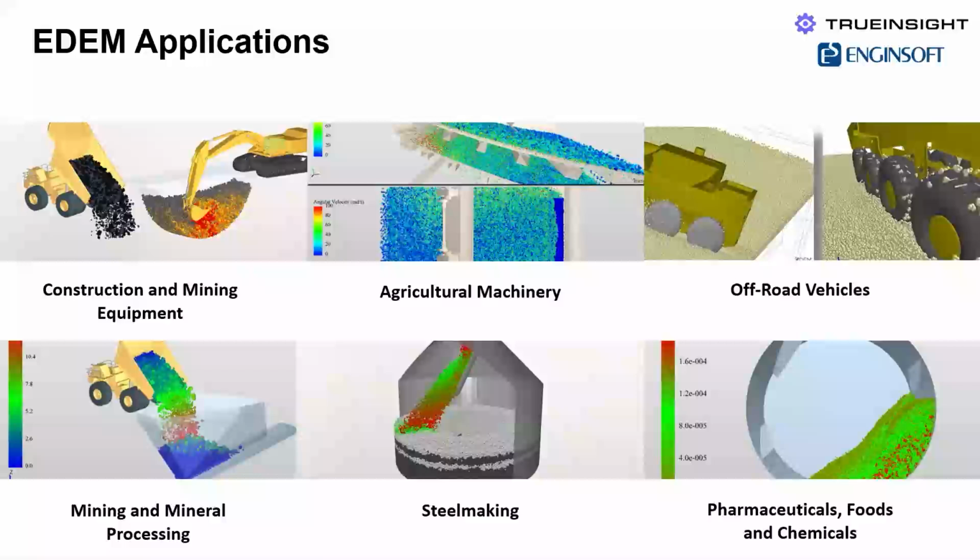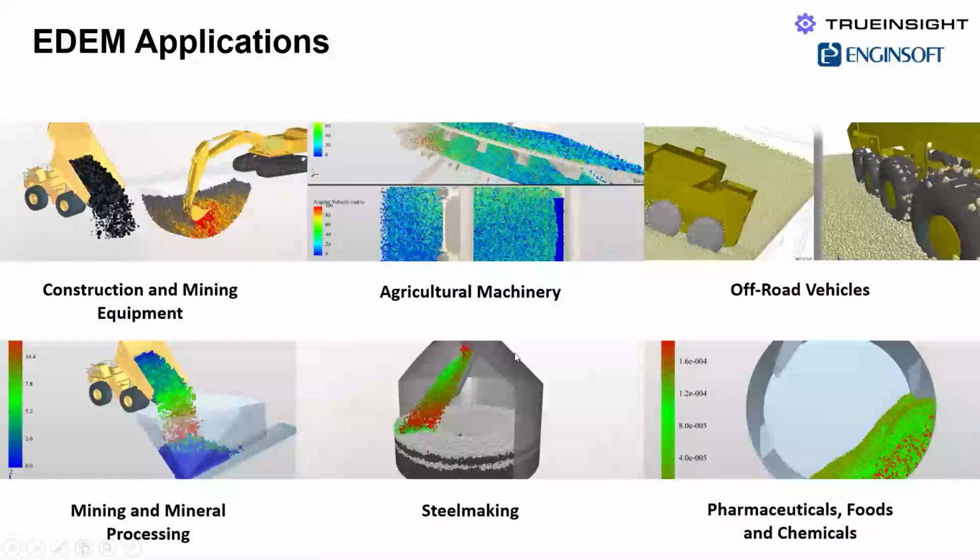So to be able to do that with an EDEM simulation is really a powerful contribution. Mining and material processing, again, a little bit similar to the construction and mining equipment, but once the ore is dumped from the machinery, then it goes through a process, possibly on conveyors or through passages, and to understand that behavior is quite important.